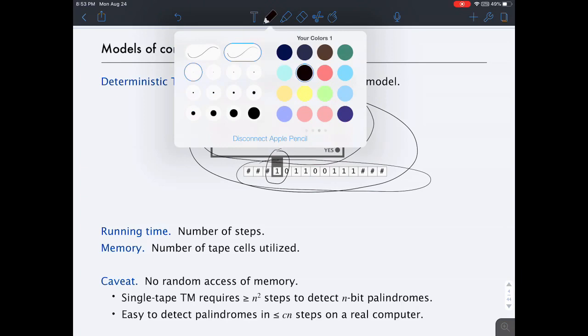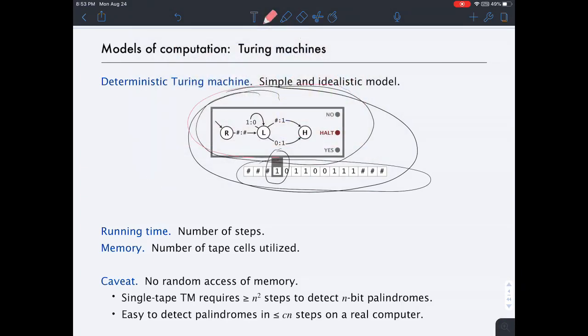This whole thing is the computing machine. And the computing machine is essentially represented by a state machine. It reads the current value of the tape and updates its state correspondingly. For instance, if we were at state L here and we read a 1, then according to the state machine rules here, it will continue to stay at L. But when you reach a 0, it will go to the next state.